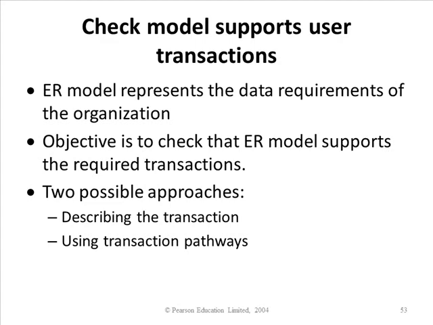This method makes sure that your design supports the requirement, the information required by the users. By doing this, we can see that the entities we design can always produce the information required by the user.